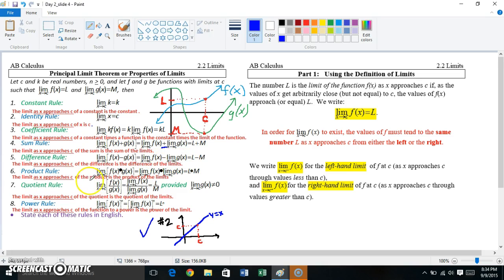The product rule, the limit of the product is the product of the limits. The quotient rule, the limit of a quotient is the quotient of the limits, as long as the limit of g of x, the denominator, is not 0. And the last one, the power rule. The limit of a function raised to a power is the same as the limit of the function raised to the power.